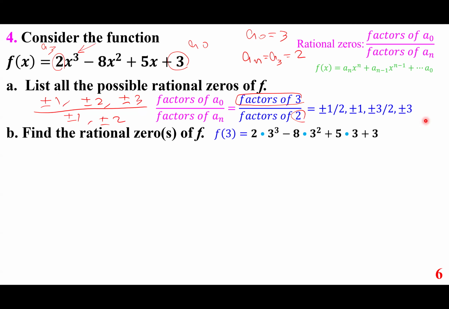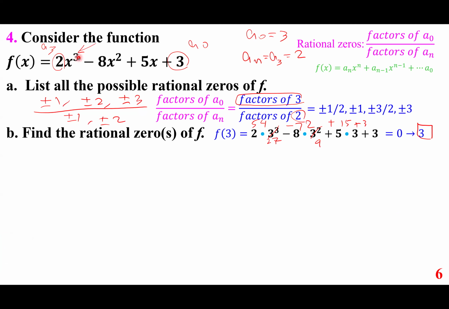So if we do f of 3, which is 2 times 3 cubed minus 8 times 3 squared plus 5 times 3 plus 3. This is 27, 54, 9, minus 72 plus 15 plus 3, we end up with 0, which means 3 is a rational 0.